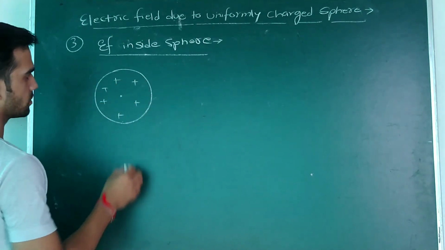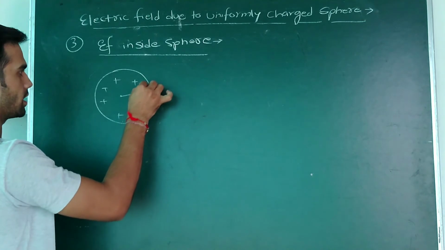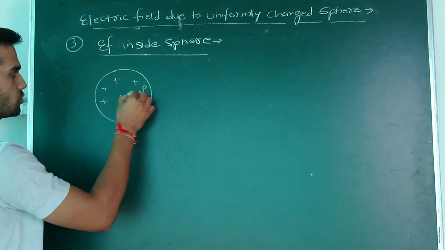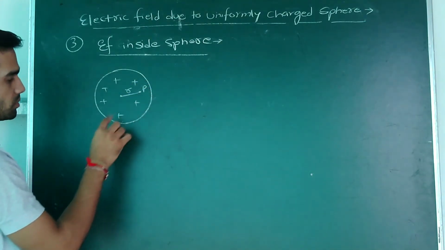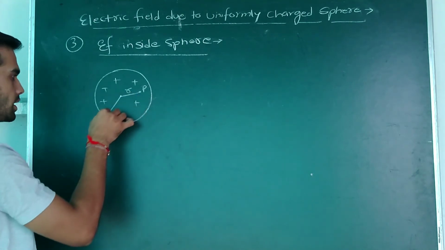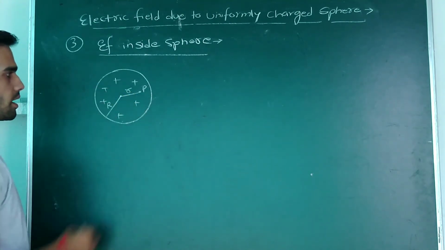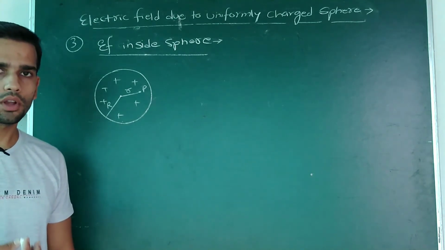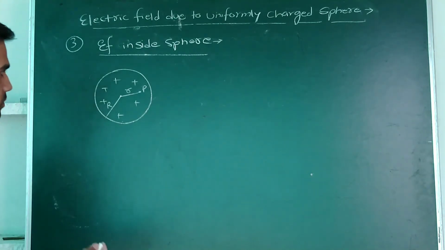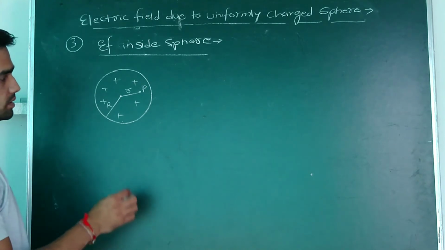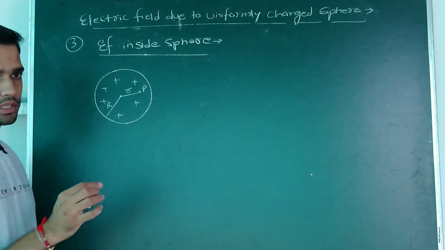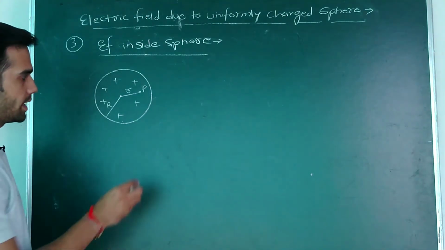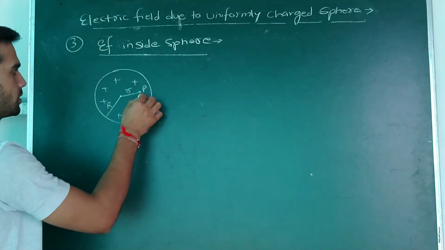In this case we are going to calculate the electric field at a point P, which is situated at distance small r from the center of the sphere, and the radius of the sphere is capital R. The procedure of calculation remains the same. First of all, we have to consider a Gaussian surface which passes through the point P at which we want to calculate the electric field.